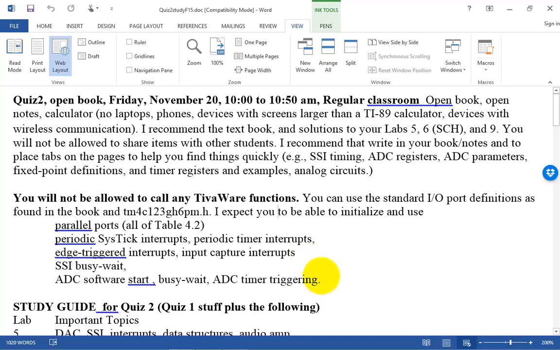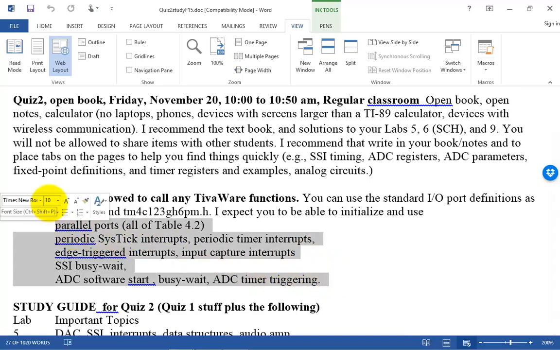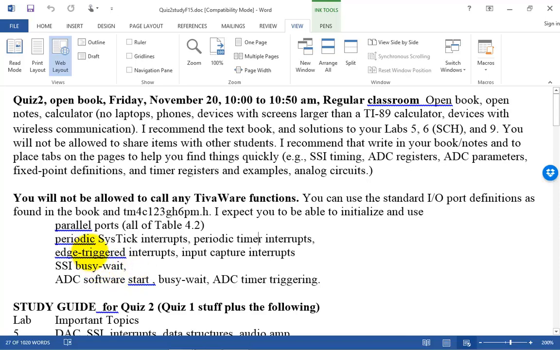So this is sort of an overview of the I/O devices I expect you to know for the exam: periodic timer, edge triggered interrupt, input capture, SSI. Basically, the lectures up to and including when we started on, but not the motor.